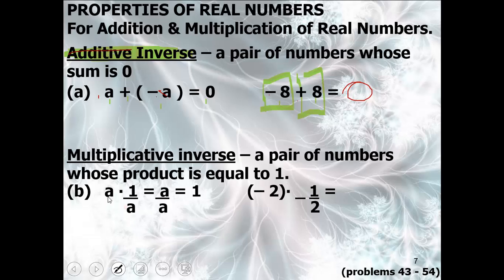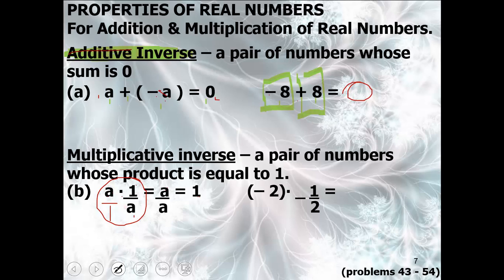So A times 1 over A. If I multiply that out, I get A over A. Anytime you have the same number in the numerator and the denominator, what do we say that equals? 1. So A times 1 over A gave me an answer of 1. These two are multiplicative inverses, because their product is the identity. With the additive inverses, the sum is the additive identity.